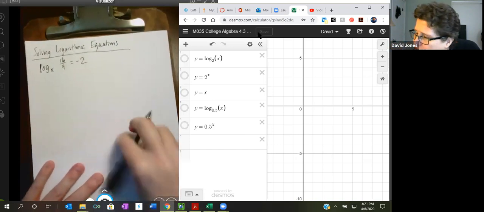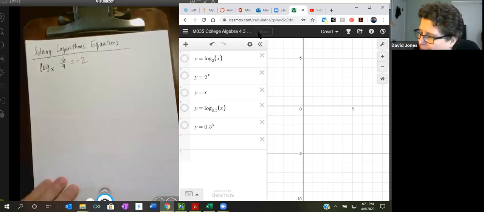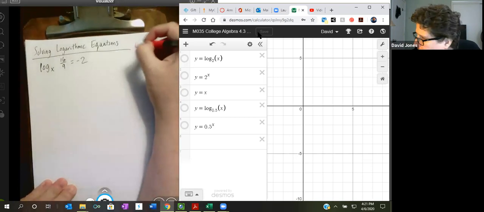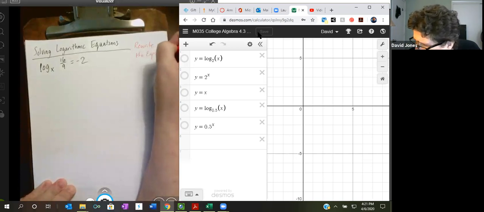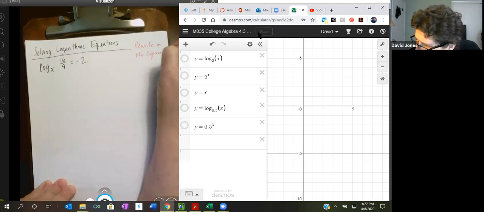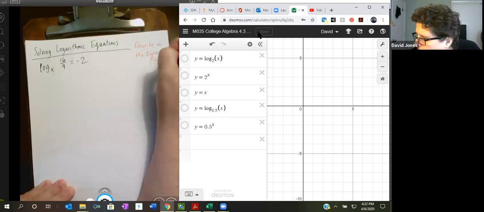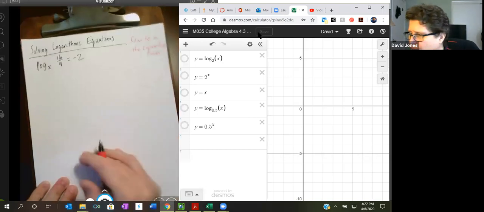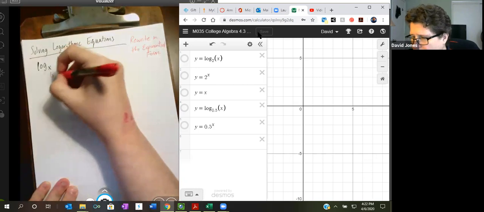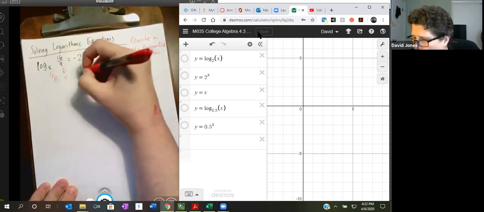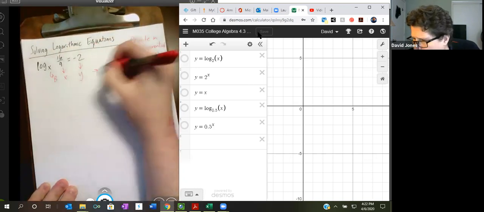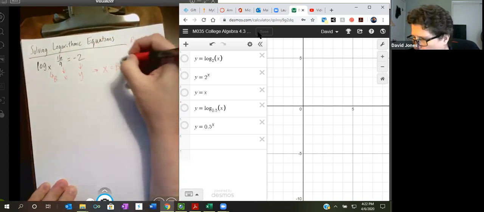The way we want to do this is rewrite them in the exponential form. So it might be helpful to point out what these are. This is b, that's my old x, and that's my y. And we want to end up with x equals b to the y.